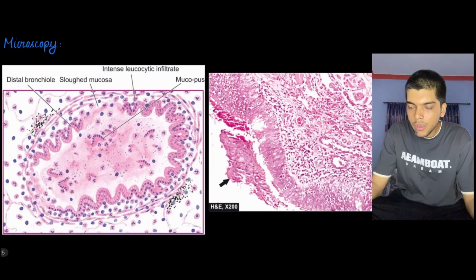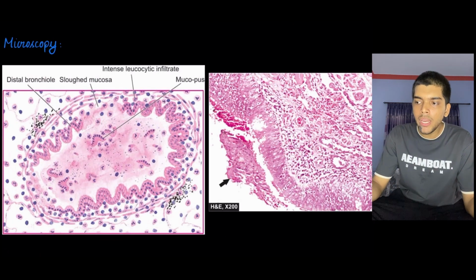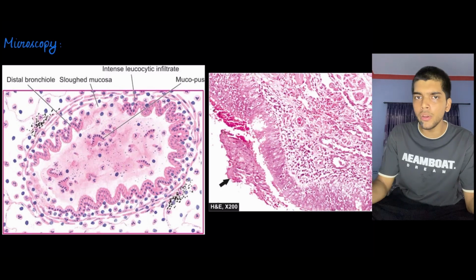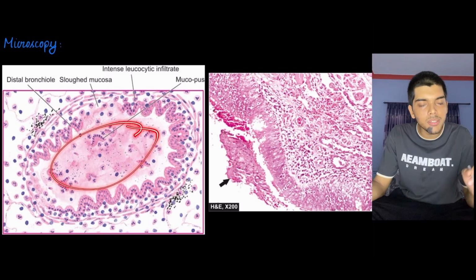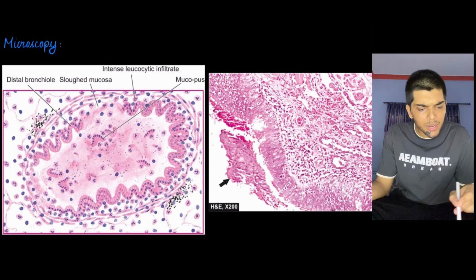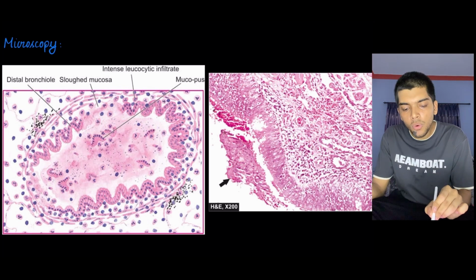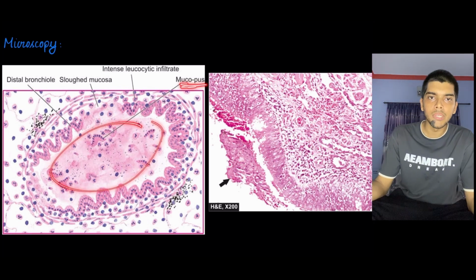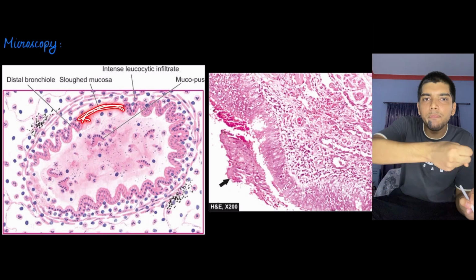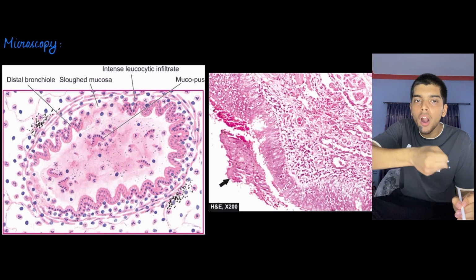Microscopically, I said earlier there is pooling of secretions. The secretion contains mucus, so there is pooling of mucus. So in the lumen, what are you going to see? You are going to see mucus. Infection leads to pus production, and that's why there is pus in the lumen. So there is mucopus in the lumen. Second, the mucosal lining gets ripped off, or you get slurred mucosa.